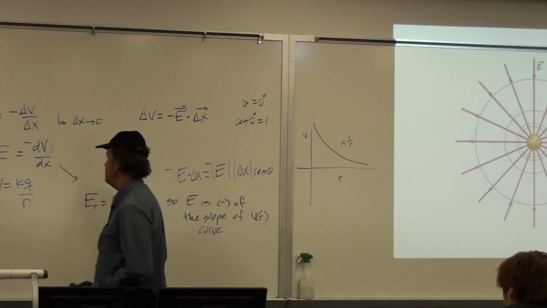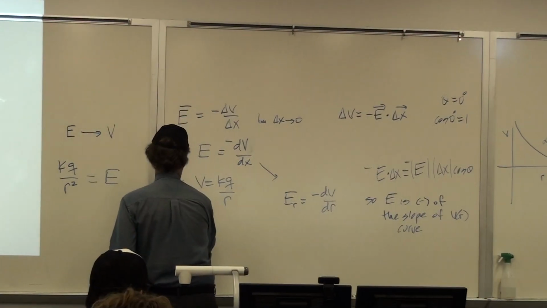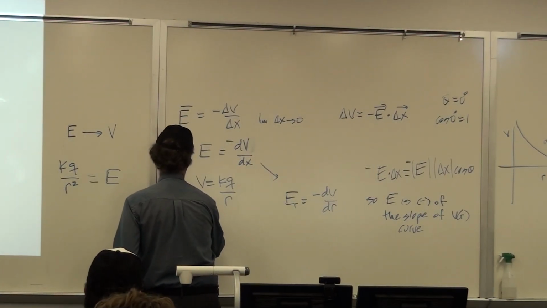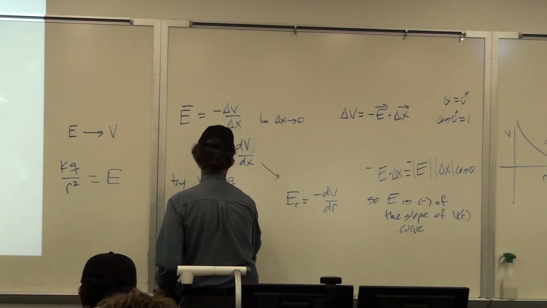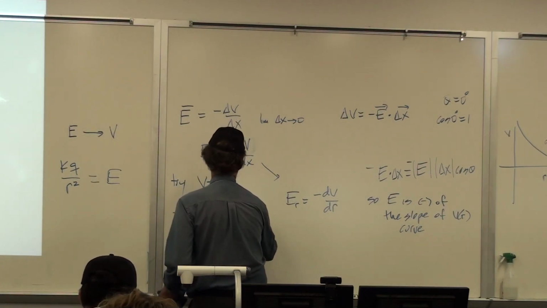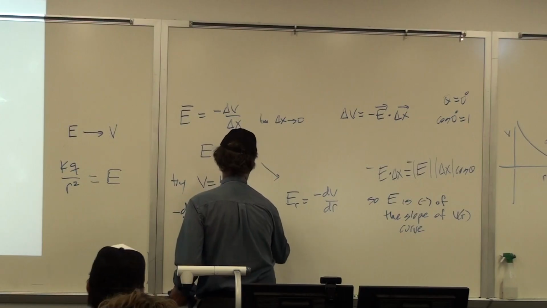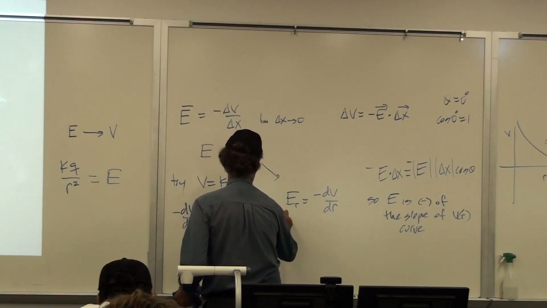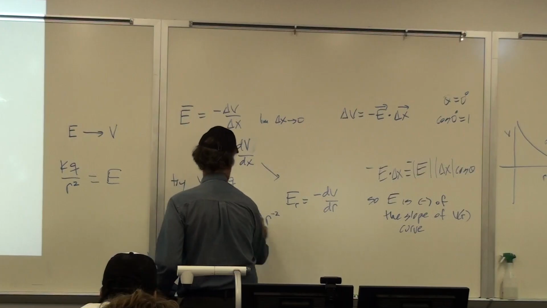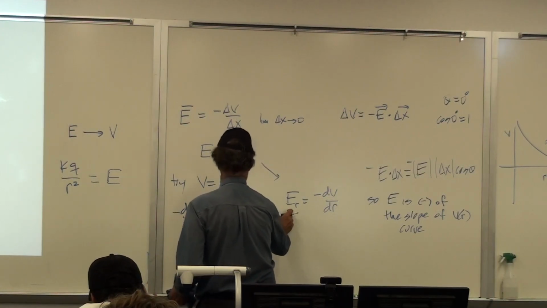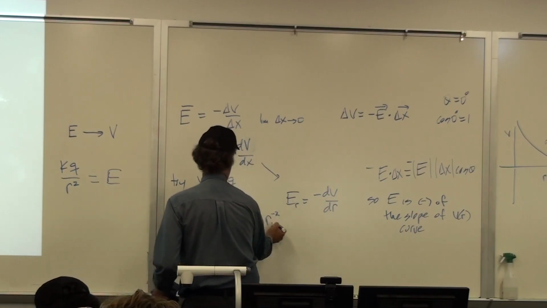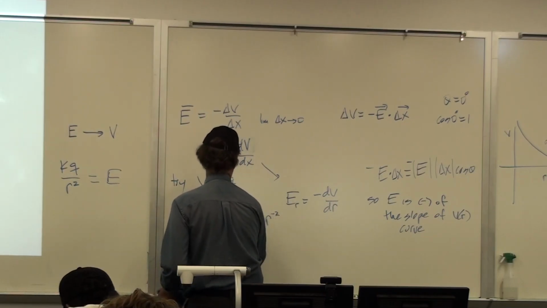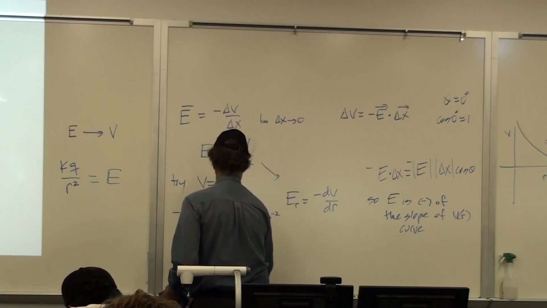So if we take the slope of that and hit it with a negative sign, what we're going to get here is minus, and then minus 1 times KQ times R to the minus 2. Minus 1, and then this is R to the minus 2 power, which is just plus KQ over R squared.